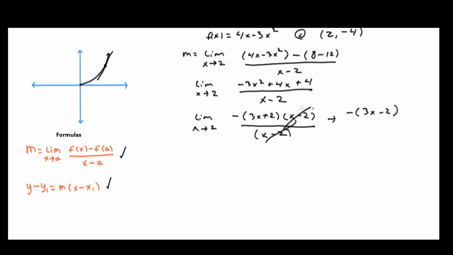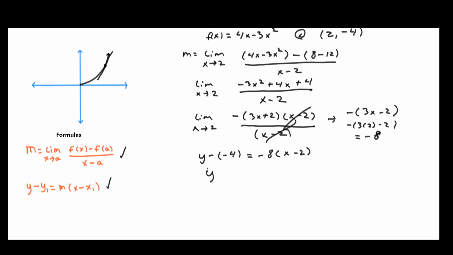And then we can just plug in our limit value here. We end up with a negative 8. So now we have our slope. We can go ahead and use our point slope formula with our point here. So we have y minus negative 4 is equal to negative 8 times (x minus 2).